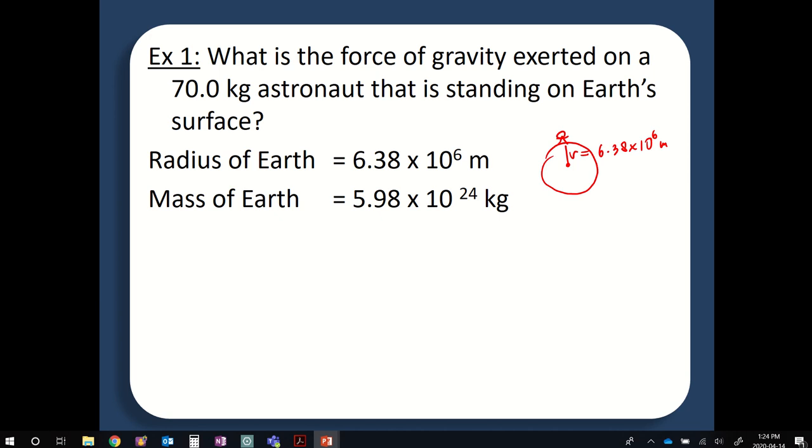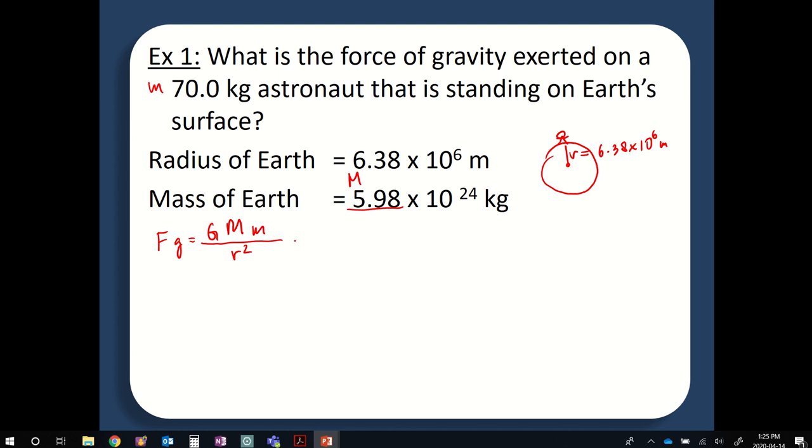Of course, we have two masses, lowercase m, and capital M is going to be the mass of the Earth. So all we have to do is write the equation Fg equal to the gravitational constant times capital M times lowercase m over r squared.